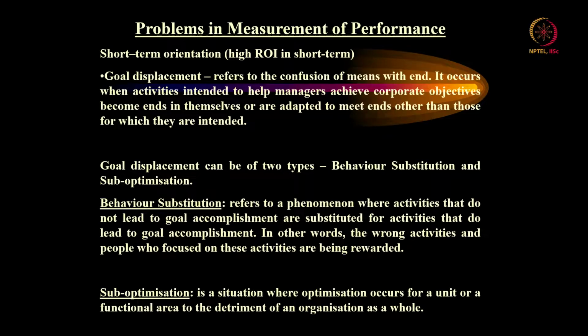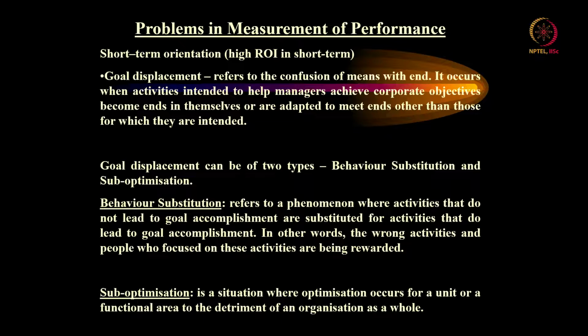Suboptimization is where optimization occurs in one unit or functional area to the detriment of the organization as a whole. These are problems which organizations suffer. There is lack of performance, for example in the sugar mills, and you find in papers sugar mills going through difficulties.